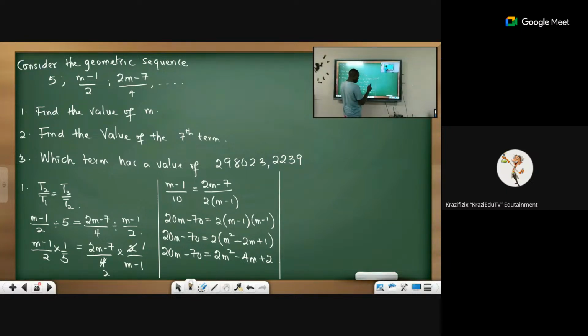So what do we have? 2m squared minus 4m minus 20m plus 2 plus 70. I've moved everything over, so my 20m and the 70 signs have changed. What do I have? 2m squared minus 24m plus what?